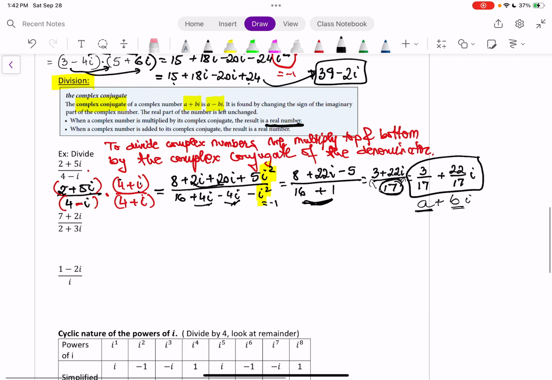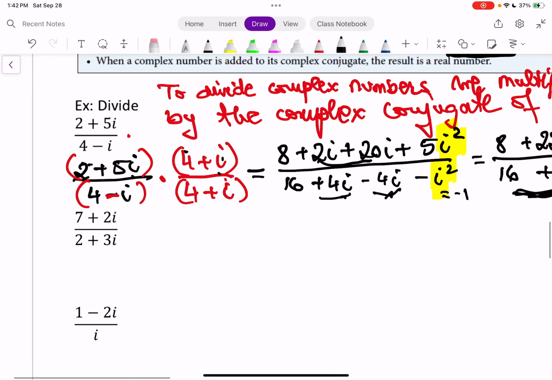So let's try this a couple more times. So again, the complex conjugate of the denominator is 2 minus 3i. So that's what we get. Now let's distribute.